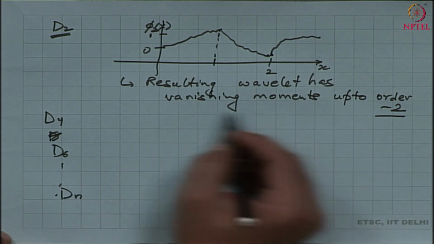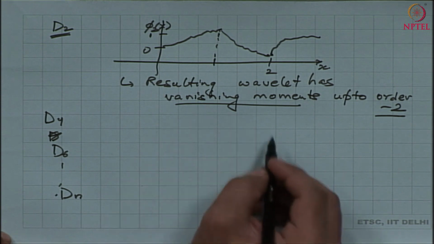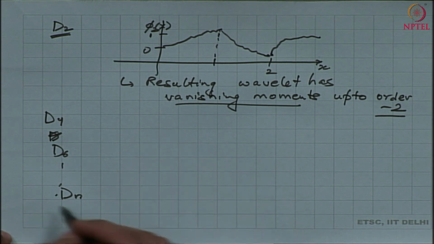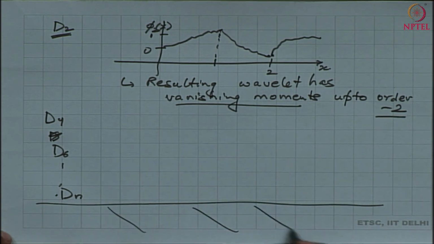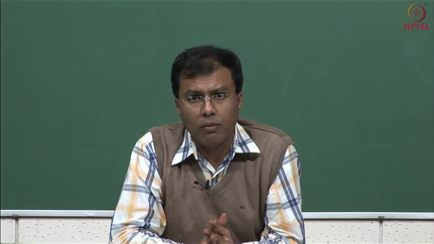All we need is our requirement, and based on the requirement we say that the moments vanish, and from there we construct these scaling functions. So, that completes my discussion on wavelet transforms, to the extent possible within the scope of this course.